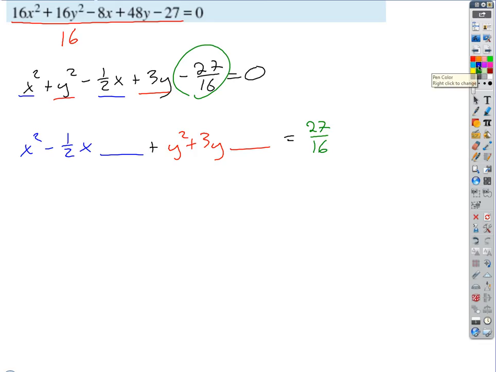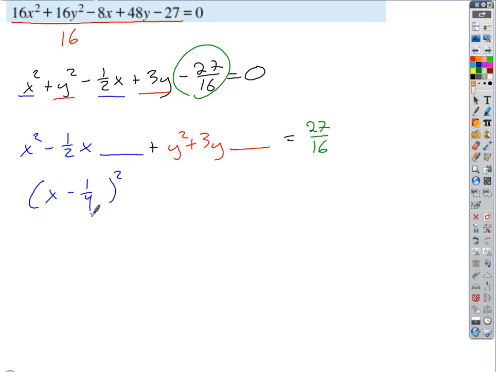Okay, so if we complete the square for the x's, half of -1/2 is -1/4. So (x - 1/4) squared is what we're going to get for our perfect square.